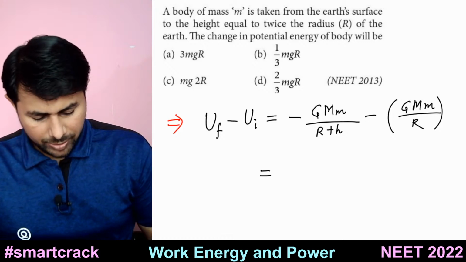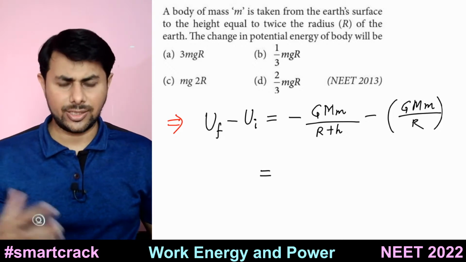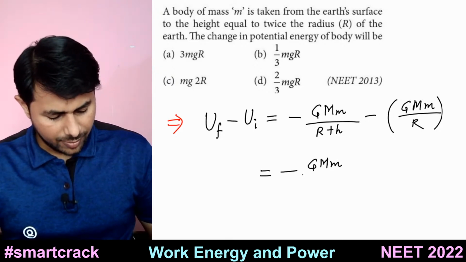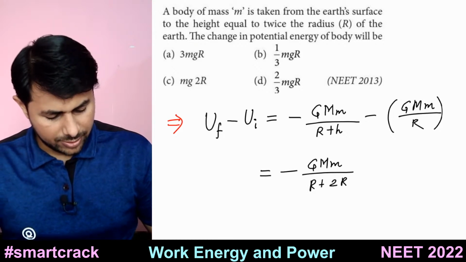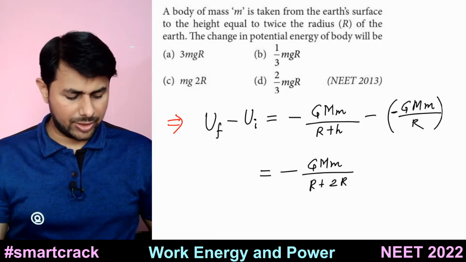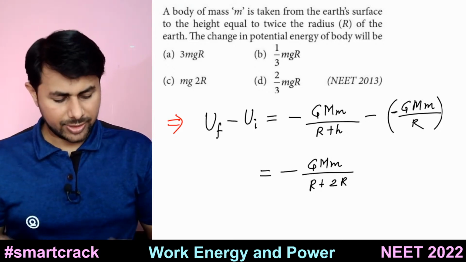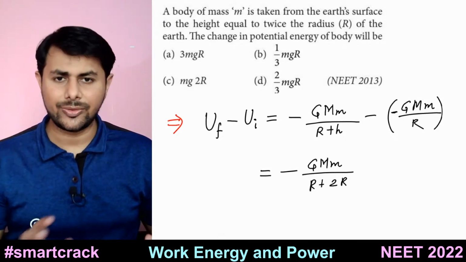Okay, and how much is h? It is twice the radius, so we can substitute that. So we have minus Gmm divided by r plus 2r, and here there is one negative sign, because we have to subtract potential energy, and potential energy is minus of Gmm over r.